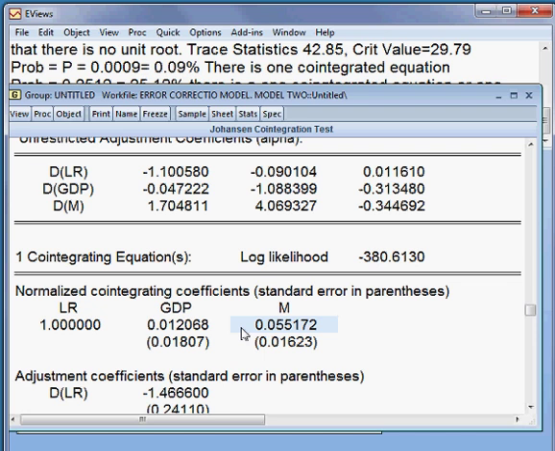The whole model is following our expectation. This one is the long run model, and the coefficient sign is positive, and that is matching our expectation. So we are happy about this model.